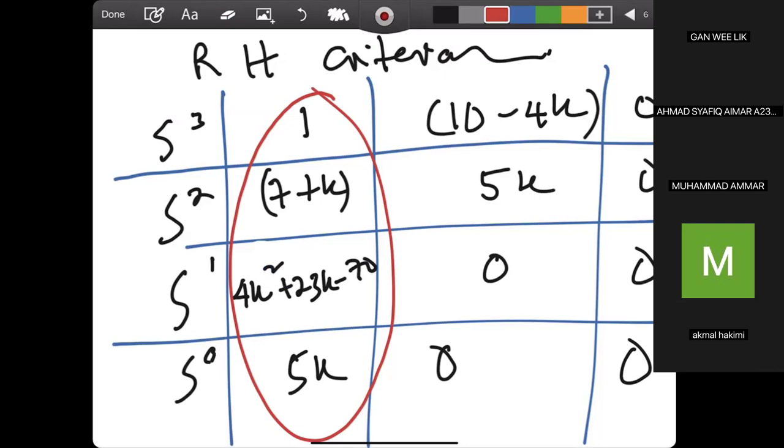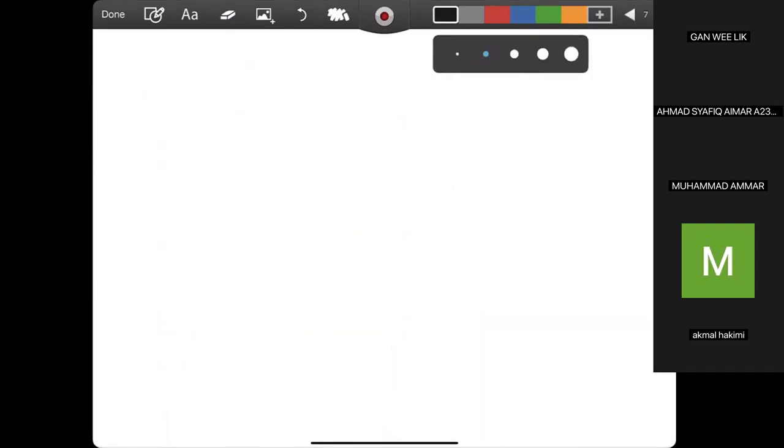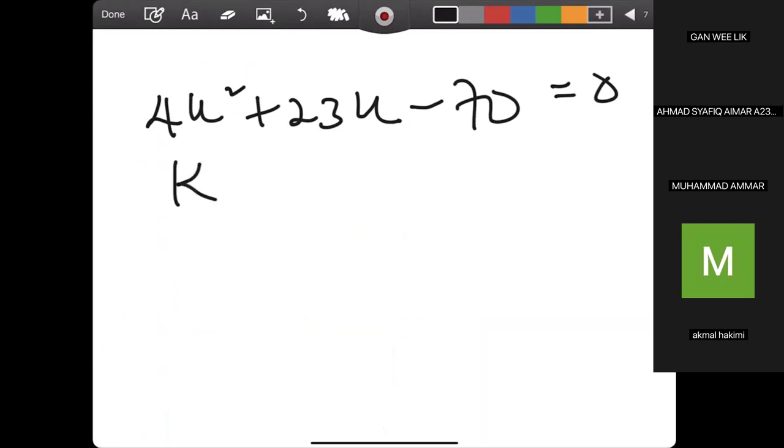Okay, this one greater than 0, greater than 0, greater than 0. So 4k squared plus 23k minus 70 equal to 0. Can you help me to find the roots?